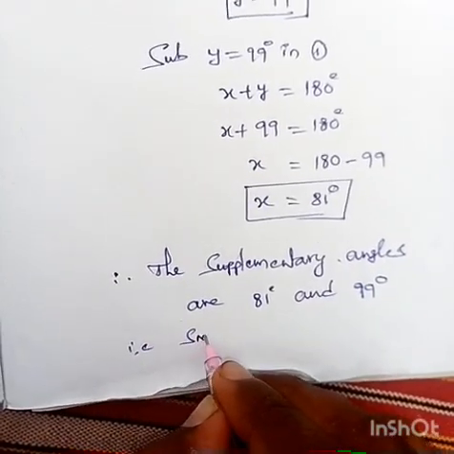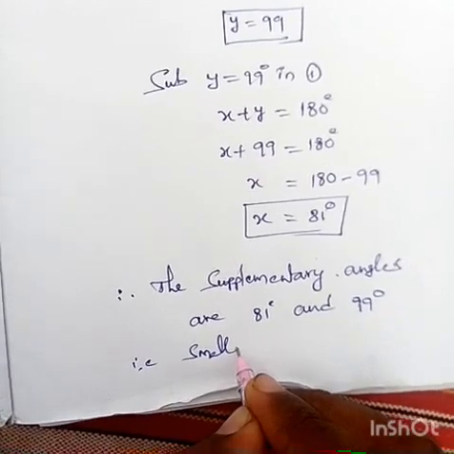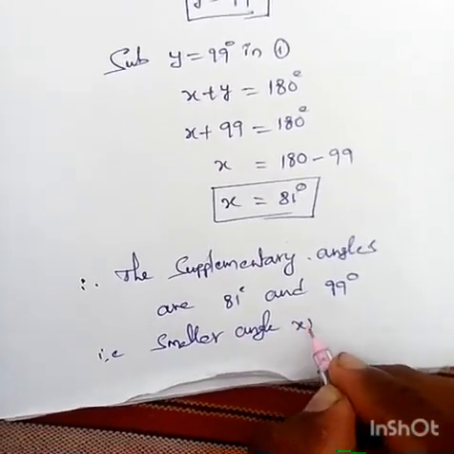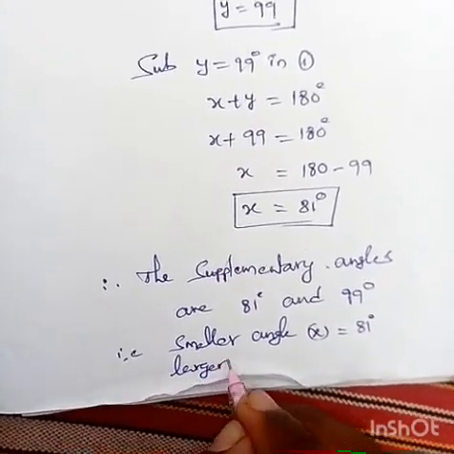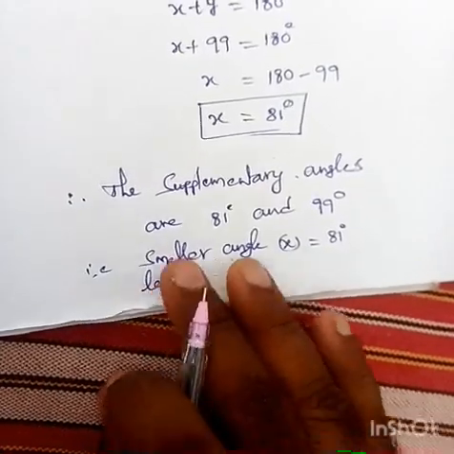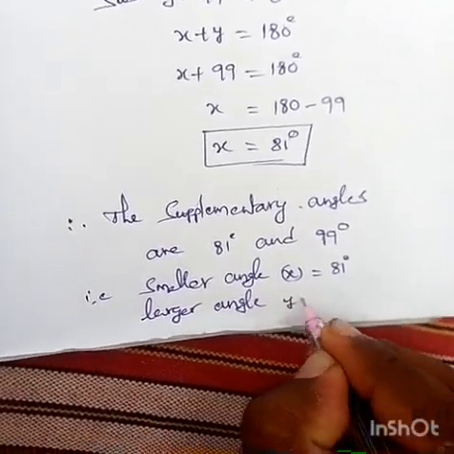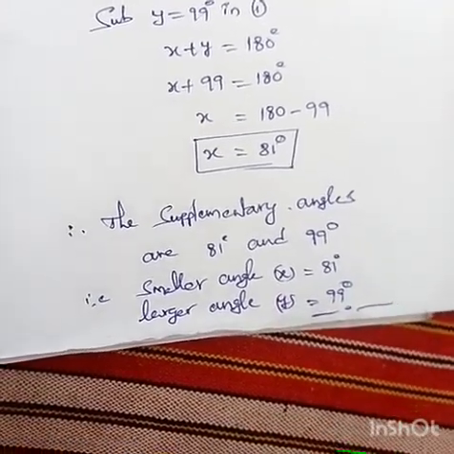That is, the smaller angle is x equal to 81 degrees and the larger angle y is equal to 99 degrees.